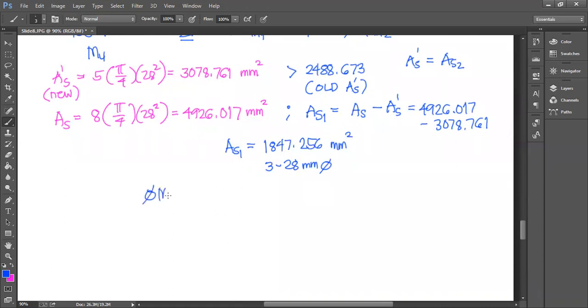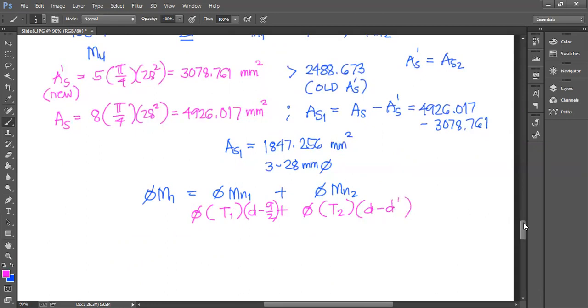Ngayon, yung φMn natin ulit is equal to φMn1 plus φMn2. Primarily, this is due to T1 plus due to T2. Pero syempre, yung moment arm natin is iba na ngayon. So this is d minus a over 2 plus T2 multiplied by d minus d prime.